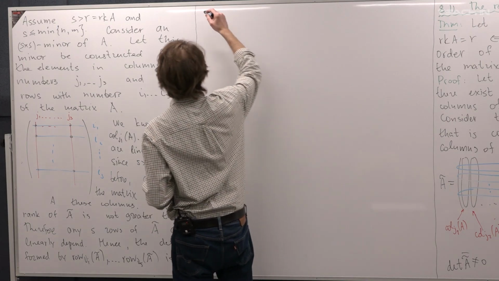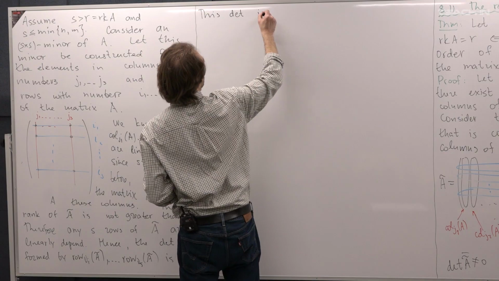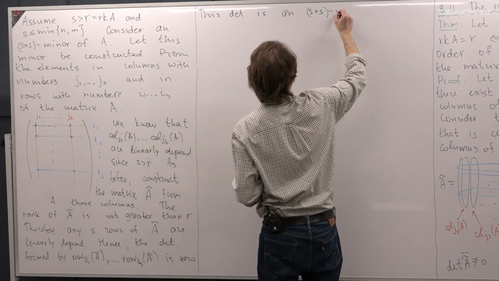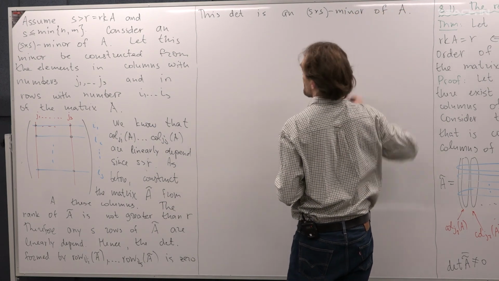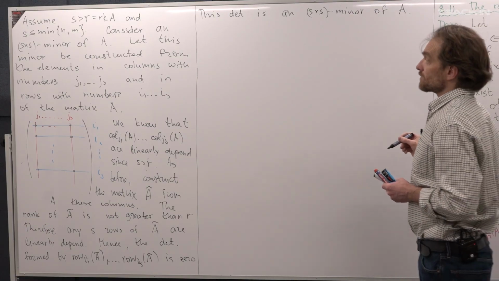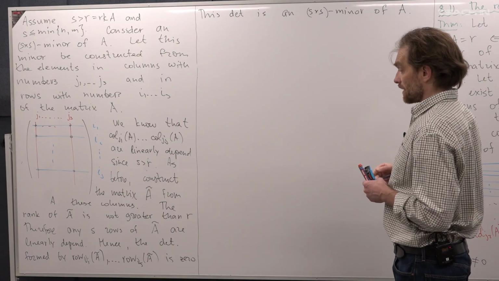And this determinant is an S by S minor of A. So we have chosen an S by S minor where S is greater than R, and we show that this minor is 0.